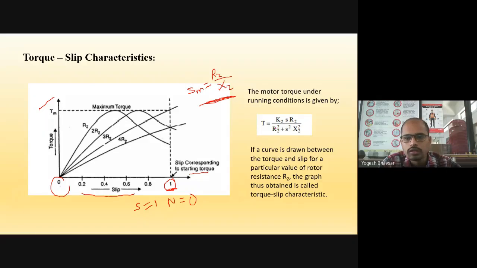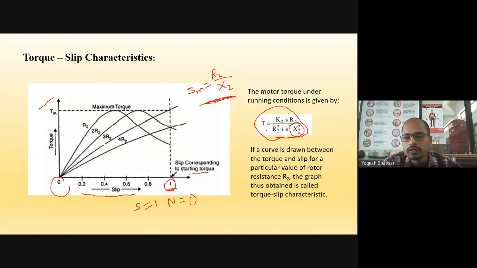Now look at this equation. Torque is proportional to S in the numerator, but it is inversely related to S square in the denominator. So the characteristic will never be linear, because reactance is also present, and reactance is a frequency dependent parameter, so it will also change.